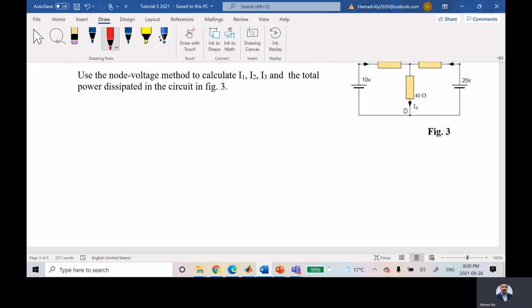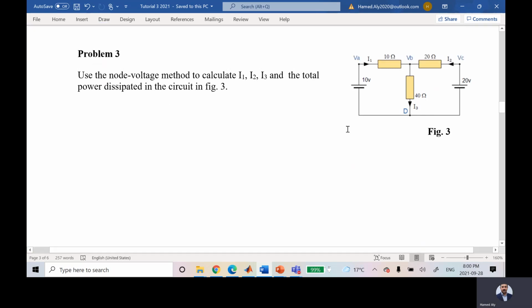So if you try to solve such a problem, he gives you that this guy is the reference, this guy is VB, this guy is VA, and this guy is VC. But what is VA? Yes, it's 10. What's VC? It's 20. So he would like to calculate I1, I2, I3. It's very easy to calculate VB.